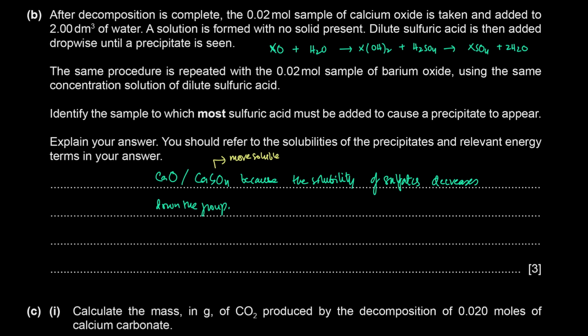And this is because the solubility of sulfates decreases down the group, so we have to talk about enthalpy changes. The enthalpy change of solution becomes more endothermic down the group for sulfates.